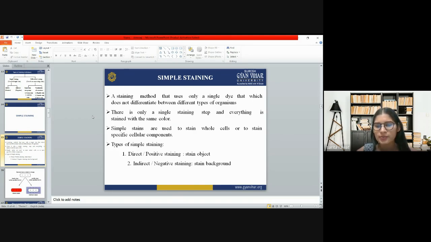Types of simple staining: direct positive staining, where we stain the object, and indirect negative staining, where the background is stained. The difference is that direct is positive staining and stains the object, and indirect is negative staining and stains the background.